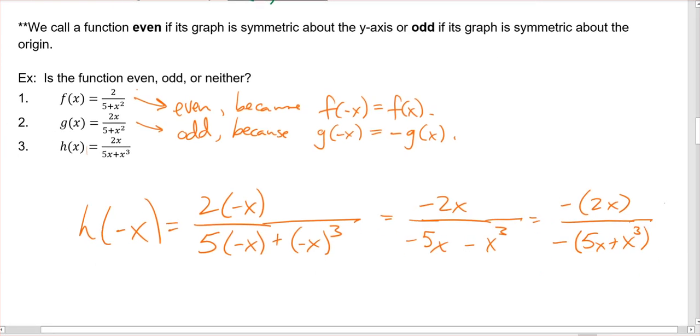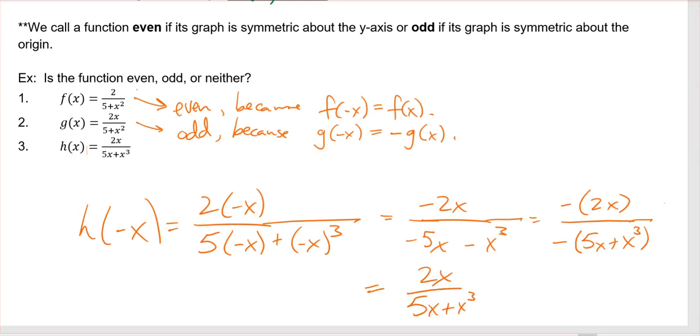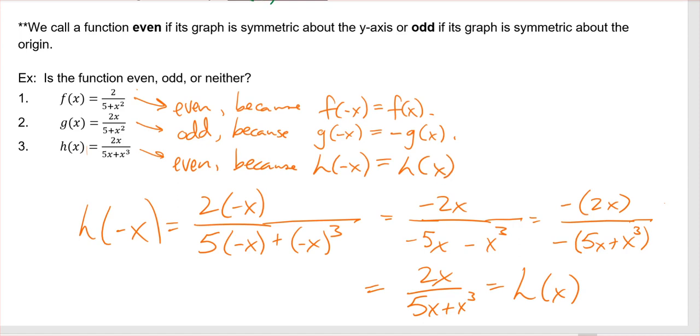And then that negative cancels out, doesn't it? We got 2x over 5x plus x cubed. Well, hey, compare that to what we started with, and it's the same, right? So this is what we started with. And we would say that this is even because h of negative x is the same as h of x.